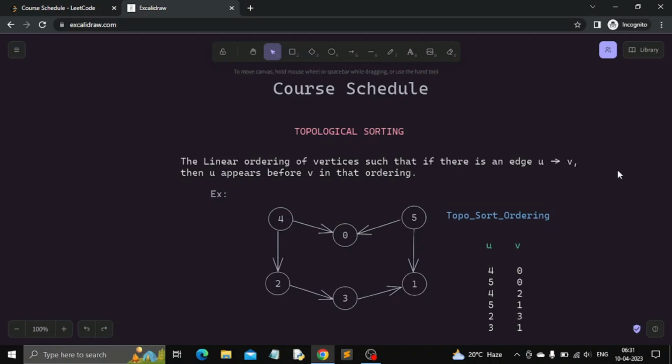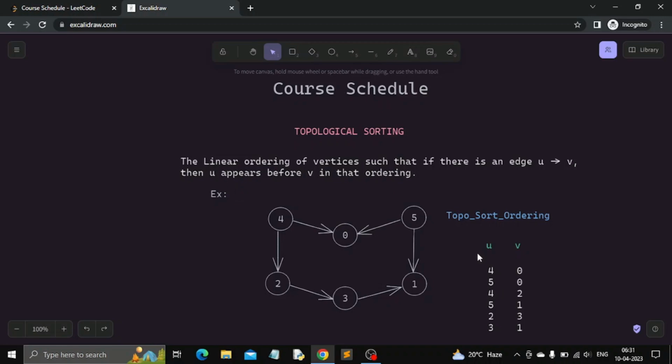So as I told you before, how topological sorting works is that if we have an edge directed from node u towards node v, then in our topological sorted ordering we want node u to appear before v in that ordering.